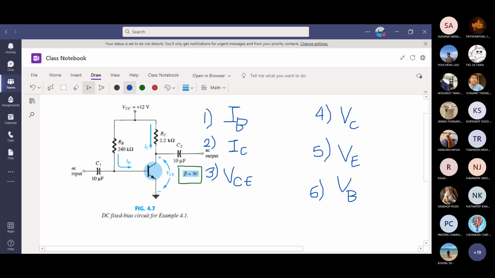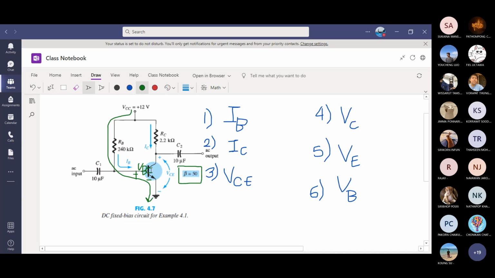So in order to solve the base current IB, I draw for you the path of current on the input loop, the KVL path. VCC minus IB RB minus VBE equals 0. Do not forget the VBE. Even though it's not in the circuit, you should always take the voltage drop VBE at the BE junction.